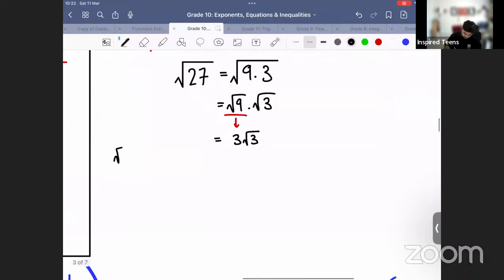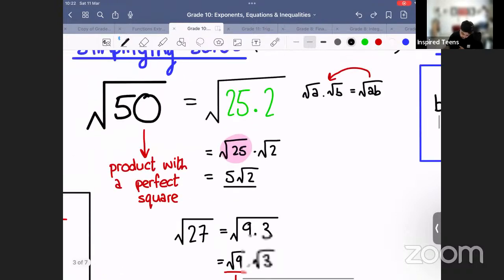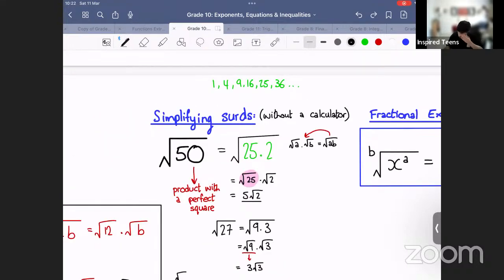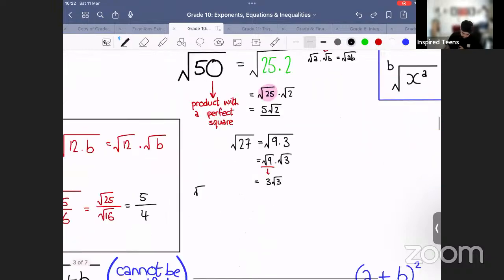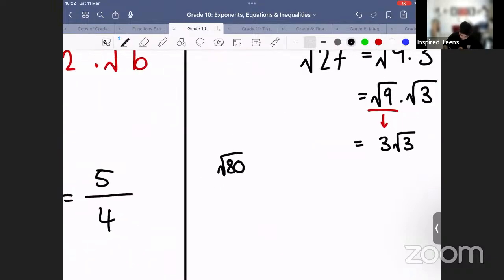Last one. Let's do 80. How can I write 80?